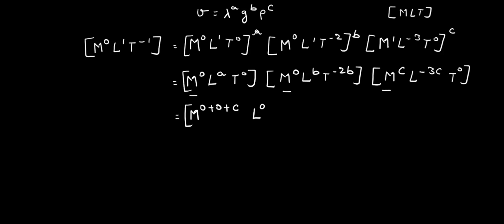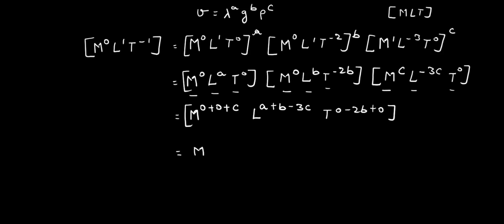Then for L, in the first term it is A, in the second term it is plus B, and in the third term we have L power minus 3C. Then for time, we have T power 0, we have T power minus 2B, and for the last term we have once again 0. Now add the powers.